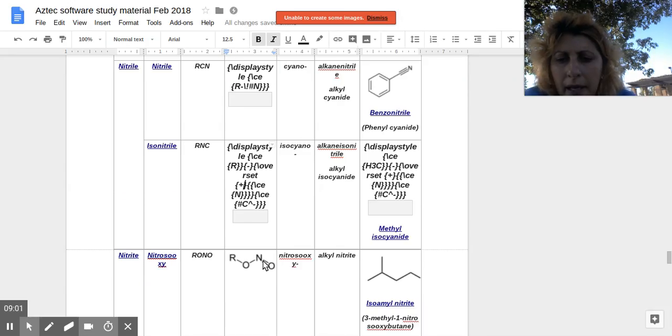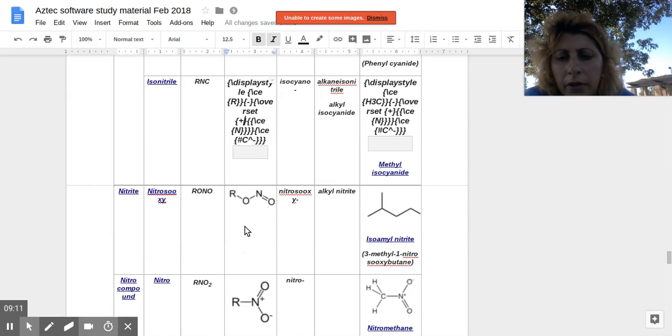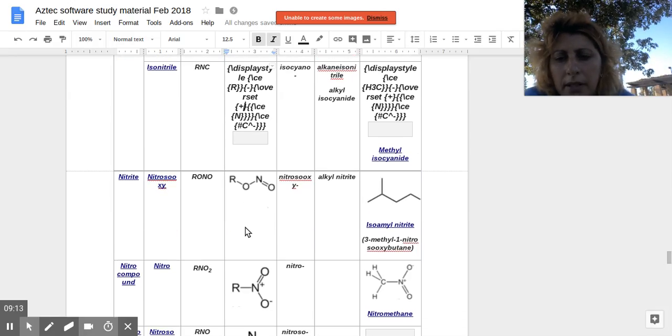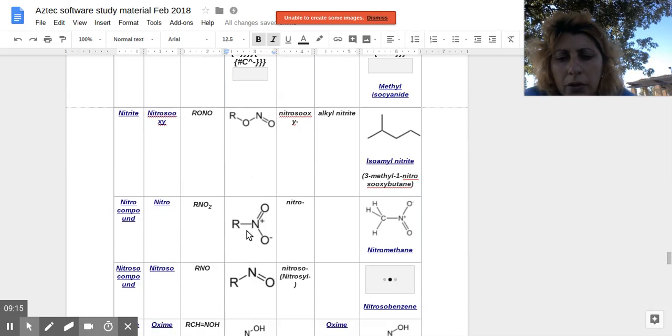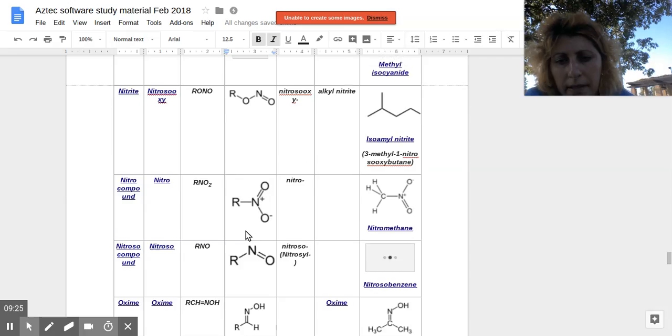Nitrite, nitrogen, two oxygens, one single, one double bound, and then R group off one of the oxygens. A nitro compound, nitrogen, two oxygens again, one double, one single, and R group off the nitrogen, in this case.